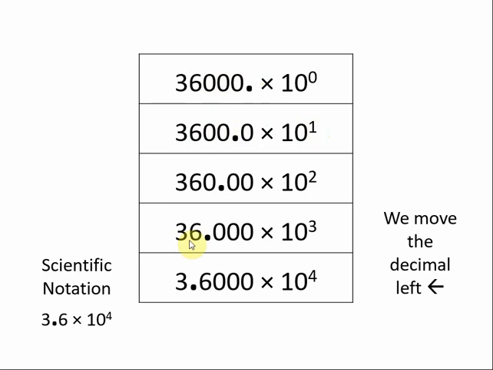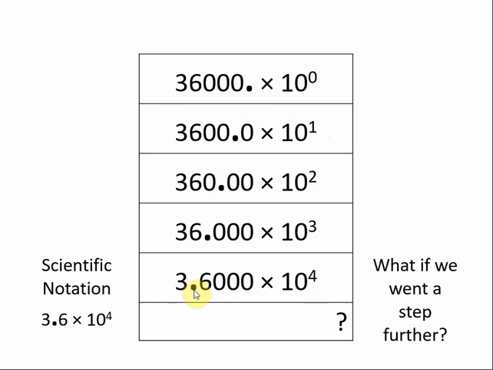All these things are equal to each other. We're just writing them in a different way. And as the exponent on 10 goes up by one in the sequence, the decimal moves to the left until we get to just something in the ones place.